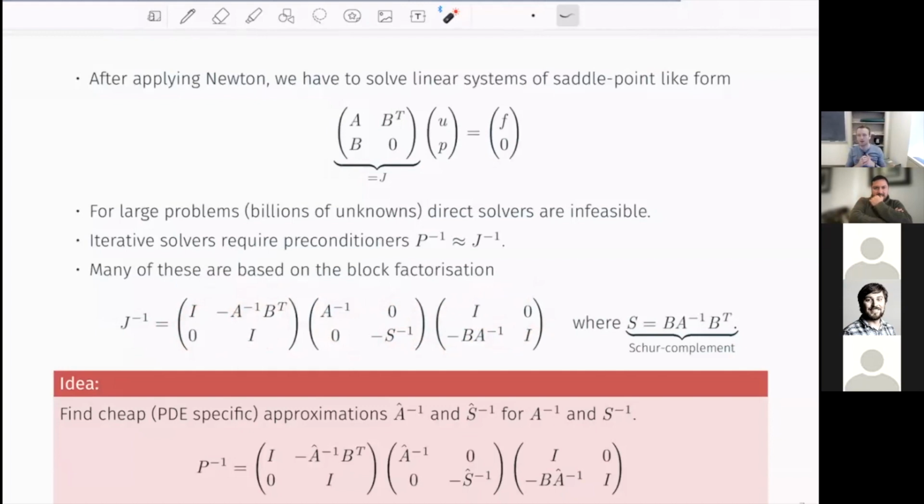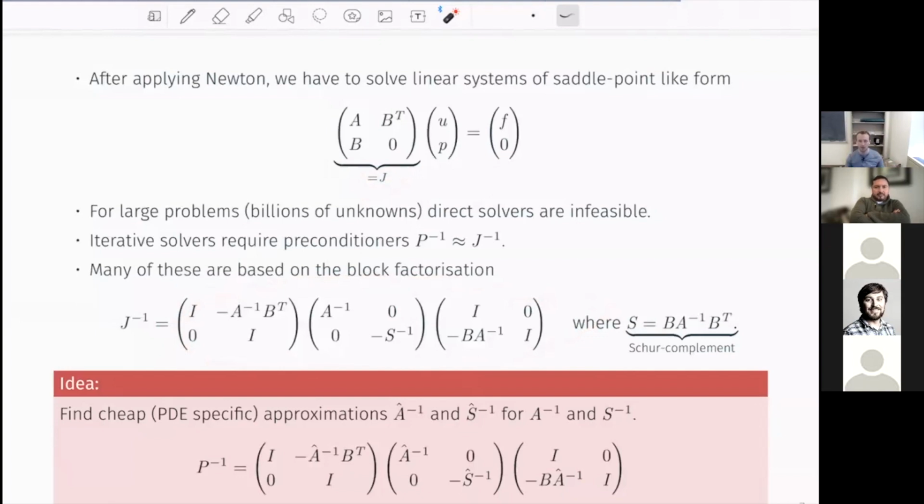And so the name of the game in block preconditioning for several decades now has been that you try to find approximations, which we call A hat and S hat, for this matrix A inverse and S inverse. And if they are good approximations, then the hope is that the resulting triple product is a good approximation to the inverse of J.